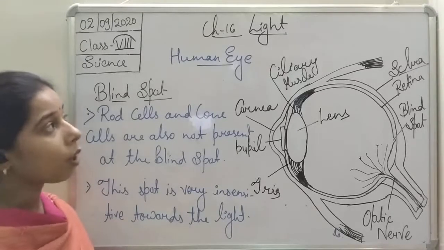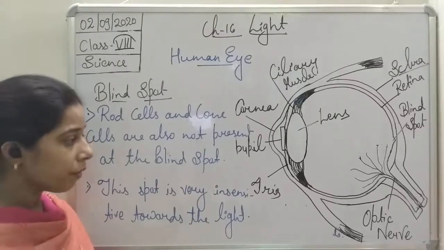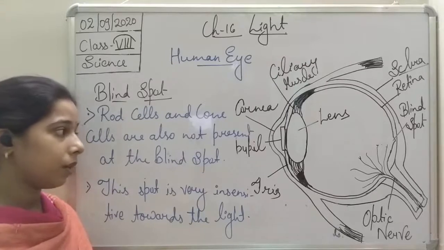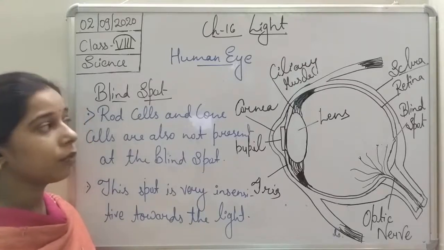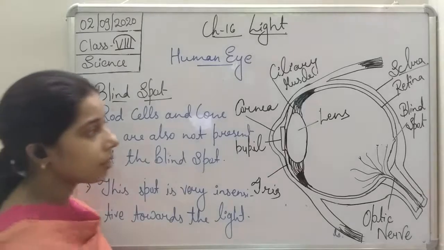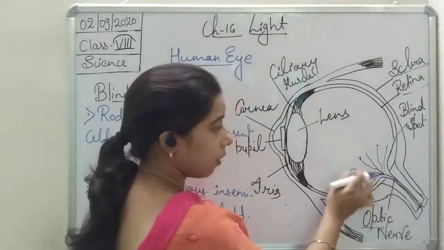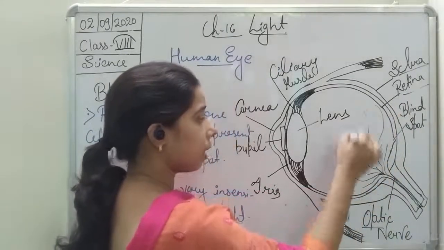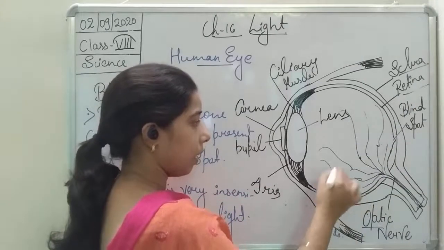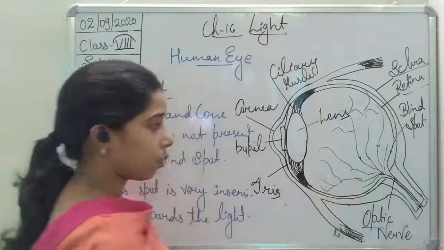So these are the different parts of the eye, students, which include the first one, the sclera, the second one, the cornea, then the third one, iris and the pupil, then the retina. This is the retina, then the optic nerve is there, which spreads all over the eye.